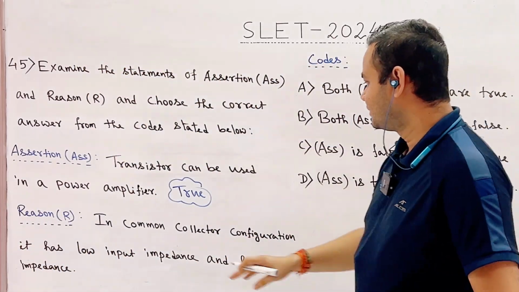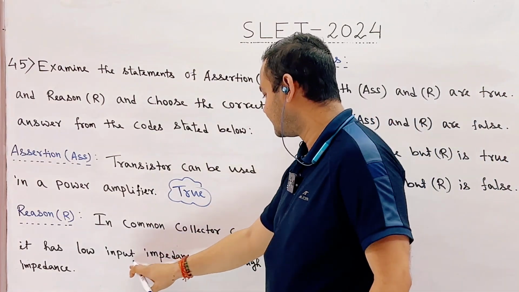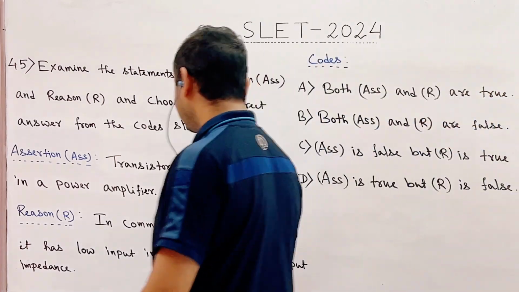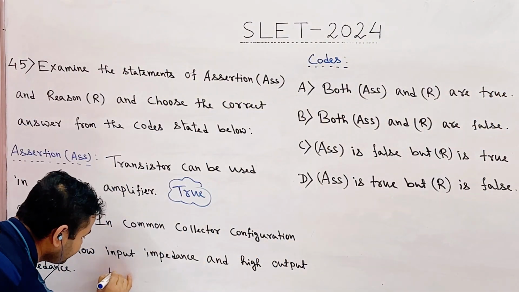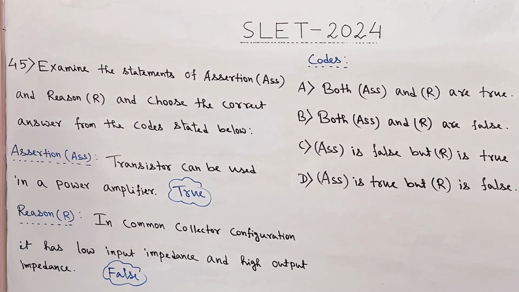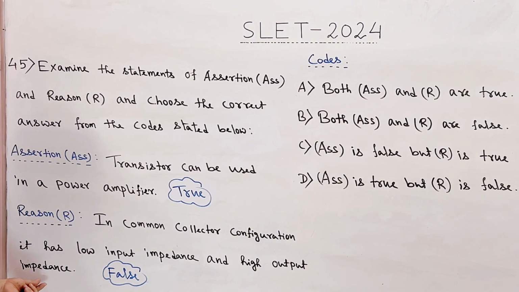Next, reason. In common collector configuration, it has low input impedance and high output impedance. This statement is false. Actually, in common collector configuration, it has high input impedance and low output impedance.